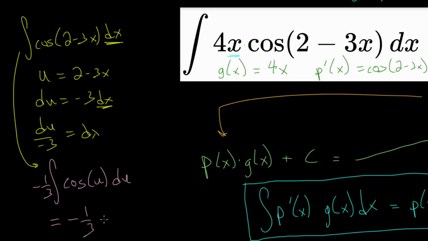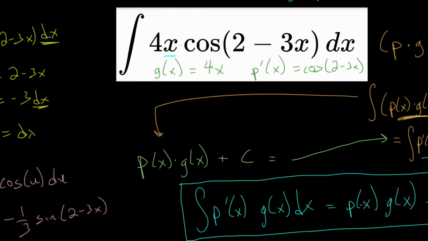So we have minus 1/3 multiplied by the sine of u, but u is this expression, 2 minus 3x. And if we're careful, we would have a constant of integration, but we will just add in that constant of integration at the end. So we figured out both p of x and g of x in our formula.